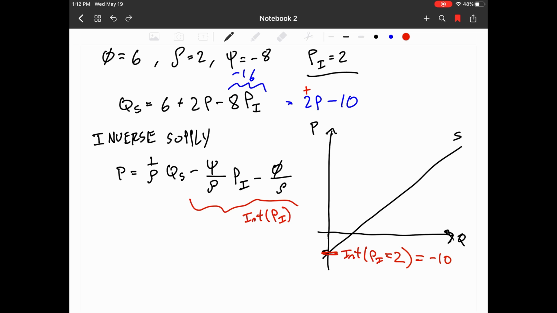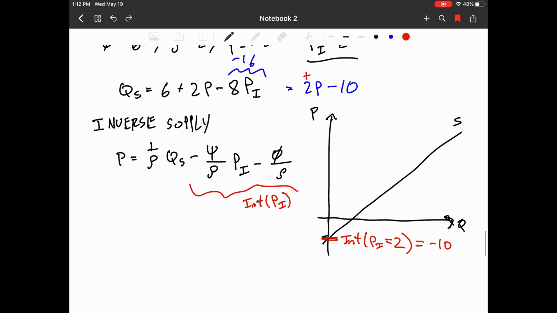And just for the sake of clarity here, we'll explicitly write out the intercept term, which is equal to negative phi over rho times pi minus phi over rho.